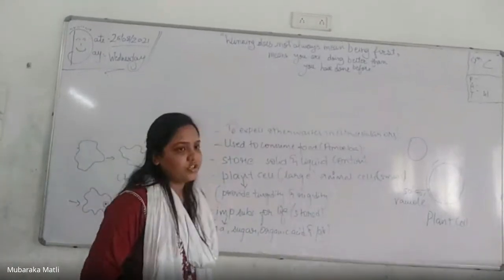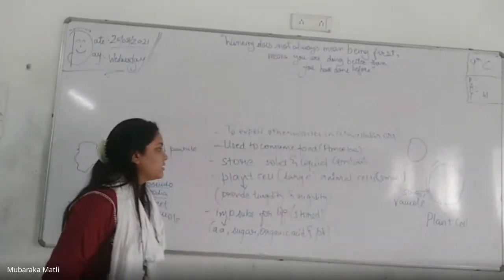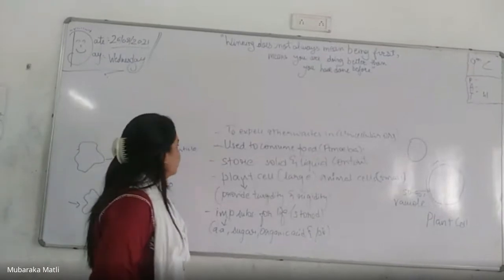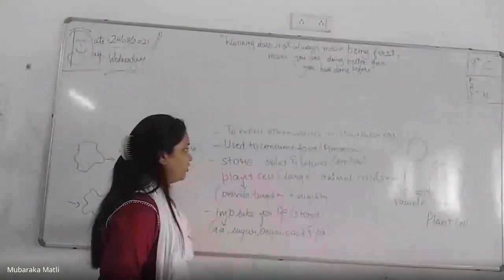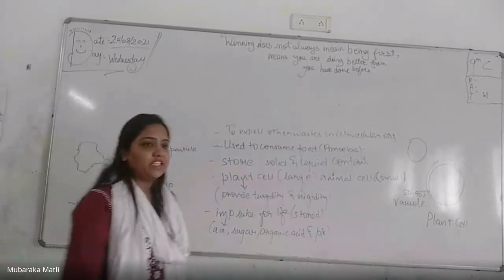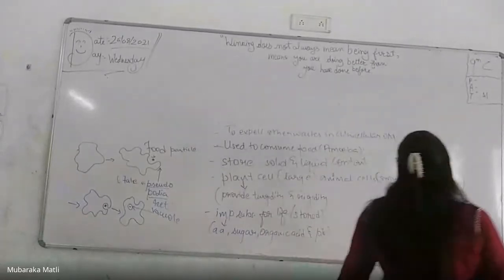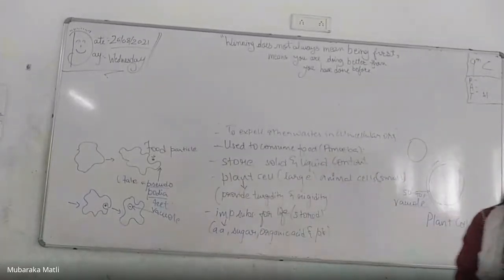Amino acids, sugar, organic acids, and protein. Used to consume food, for example, amoeba. And it is also used to expel waste in some other organisms. And one point you forgot. In plant.